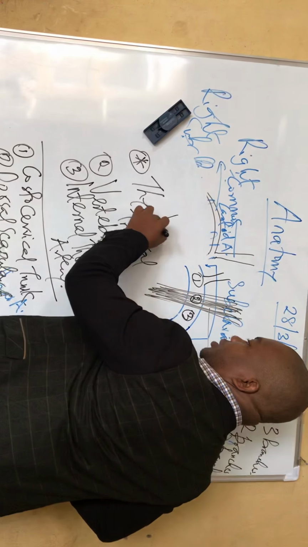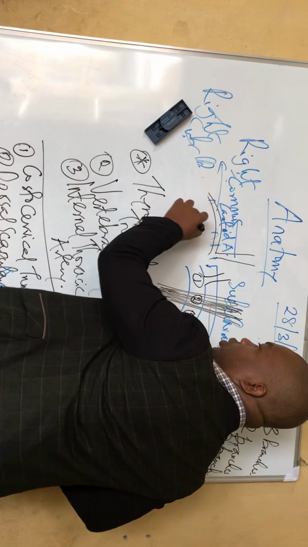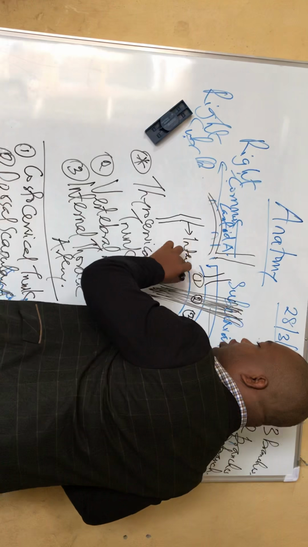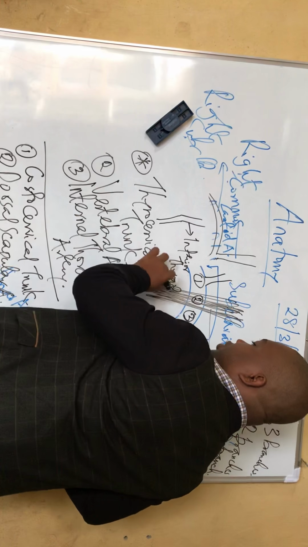So the thyrocervical trunk has 3 parts to it. You have the inferior thyroid artery.